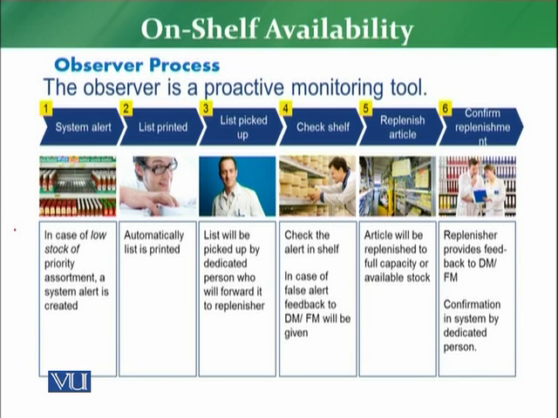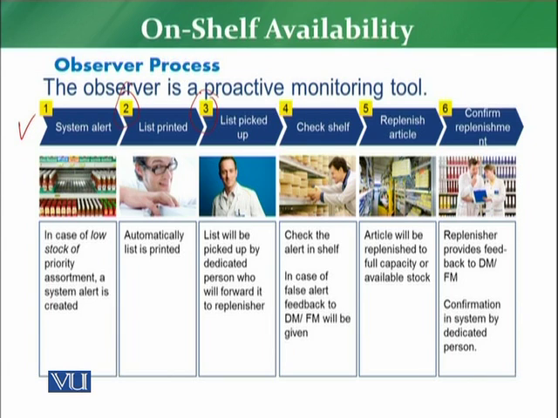So how does this observer work? The observer gives you a system alert. What you have to do immediately is print the list of articles which are now going to the gap check. Well, they are not in the gap, but they will be if they are not addressed, ordered or received properly.